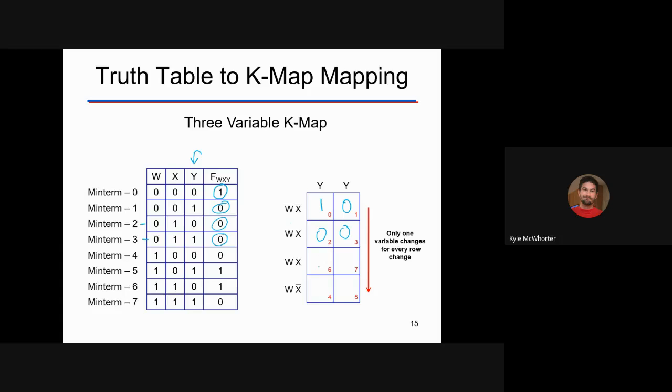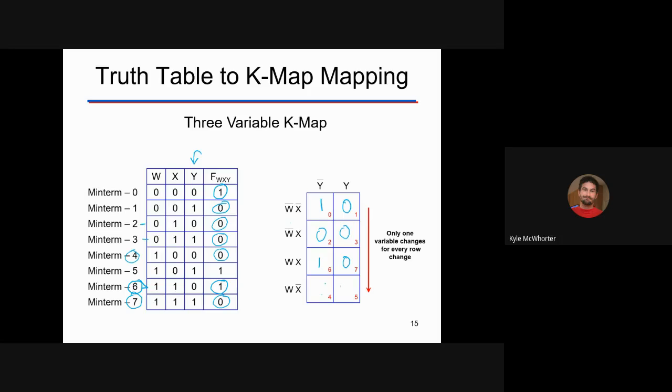Now, this is the part where it doesn't really follow the same pattern in our boxes. So look at the letters. We have W and X and not Y. So this would be 1, 1, 0. You can see that 1, 1, 0, that's row 6, or minterm 6 here. So our output is a 1. In this box here, we have W and X and Y, so that would be a 1, 1, 1, which is minterm 7. That's a 0. Then in this box down here, we have a 1, 0, 0, and that is this row with minterm 4.